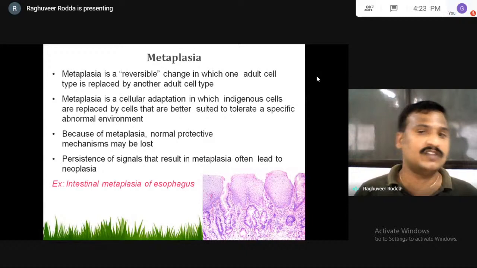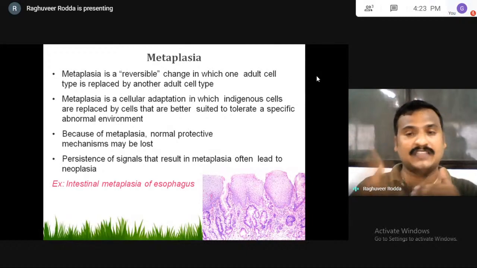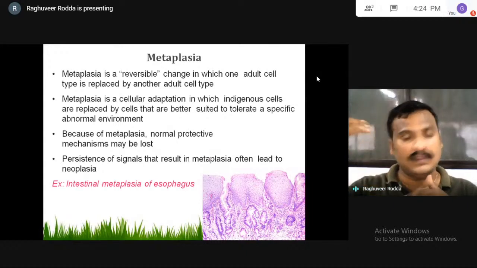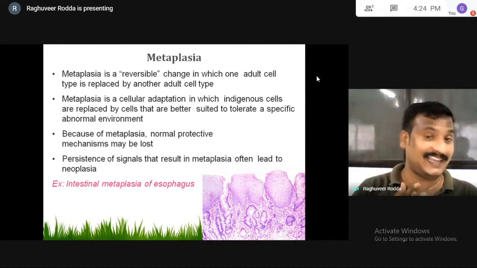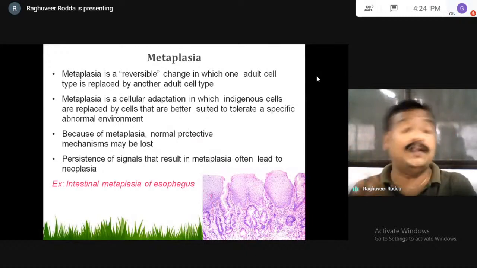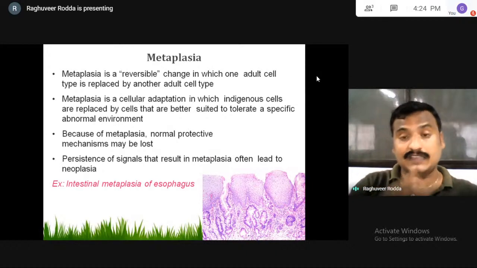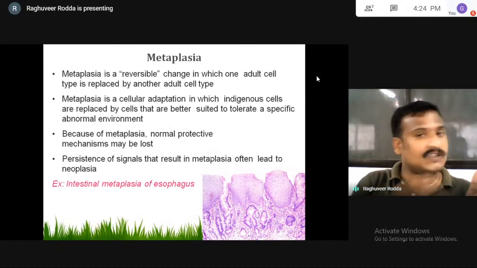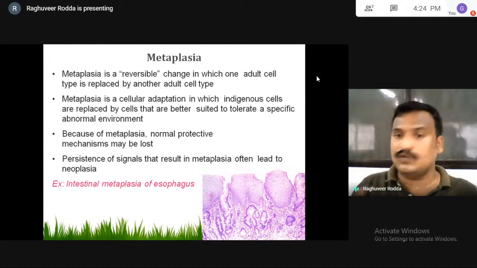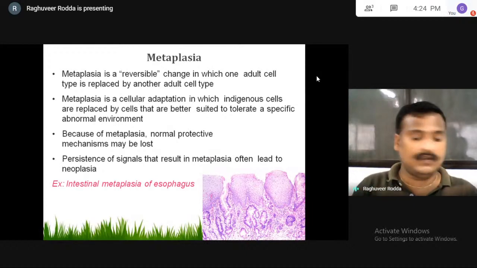Because in cell proliferation, one type of blast cell will convert into the class cells, or finally into the normal cell of one particular neuron. So there will be a clear-cut difference in the structure of the cell. So you should not consider cell proliferation as a metaplastic condition.